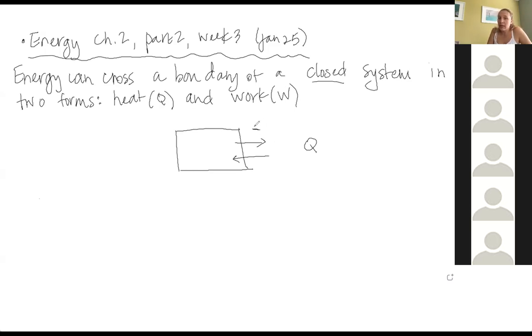If we are putting heat into the system, this is positive. If we are generating work by the system, then this is negative. If we are putting work into the system, this is positive. Sorry, that arrow got a little wonky.